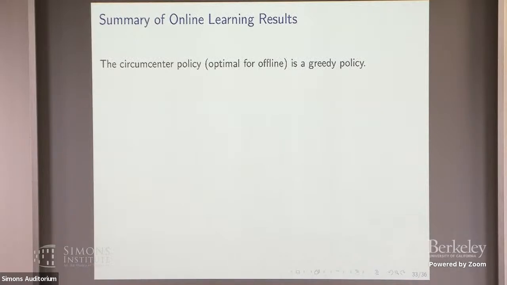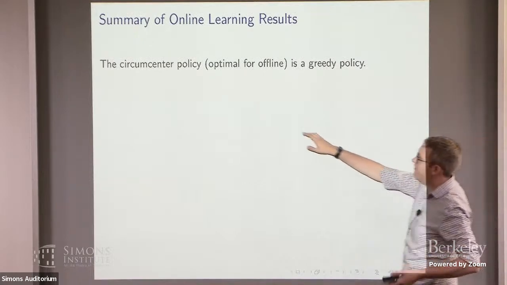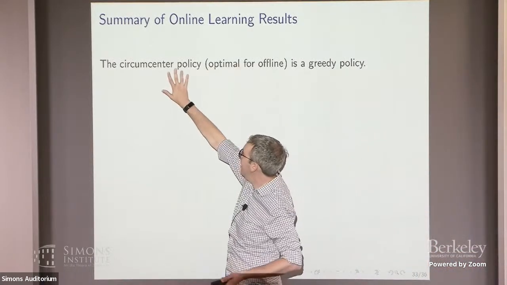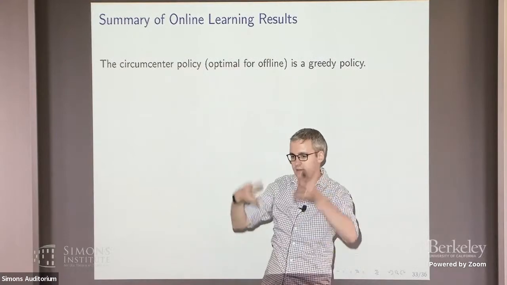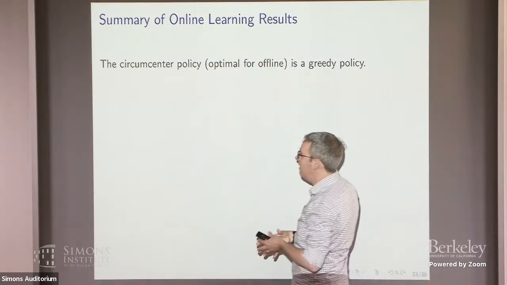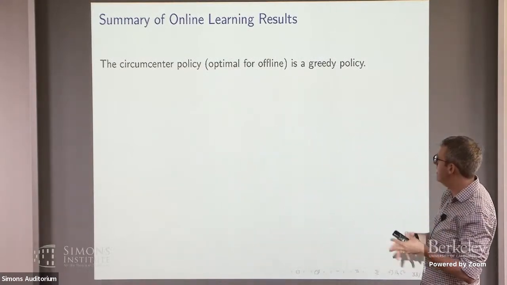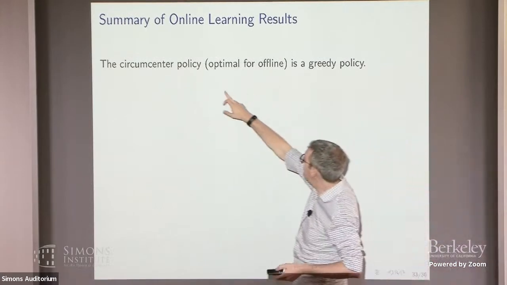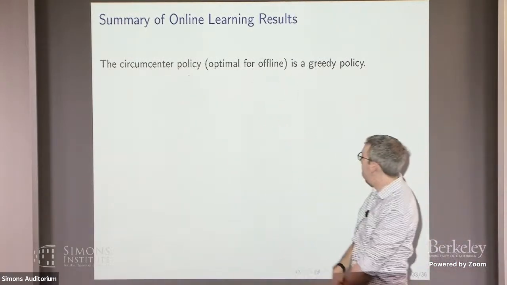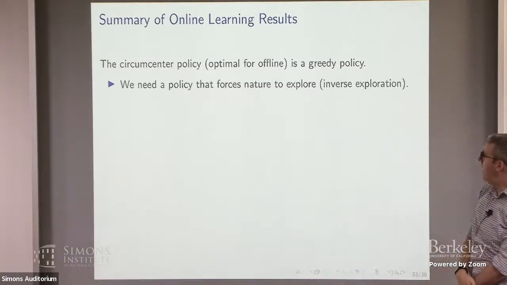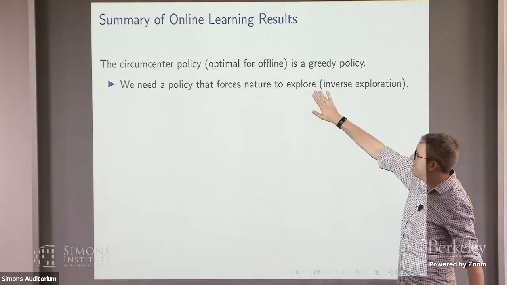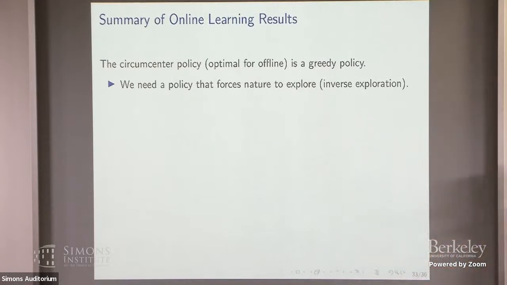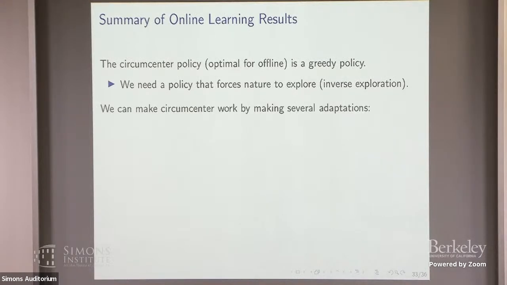So, a summary of online learning. The technique that we did is that first we started with offline learning, and I argued that you should build that cone around your uncertainty set, and your circumcenter policy was a greedy policy there. This doesn't work because we also needed something to force nature to explore, right? Because if you do the circumcenter, you might end up on the boundary, and once you're on the boundary, you're trapped because nature can make sure you don't learn.